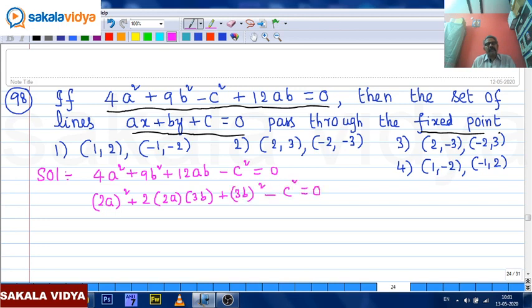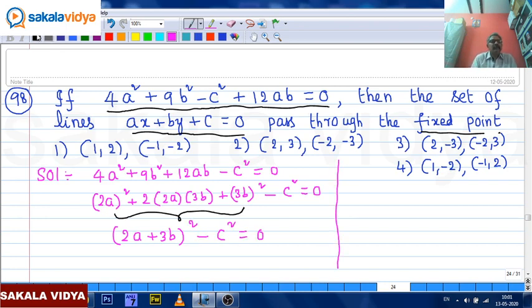is equal to 0. See, if you observe these three terms, these three terms are perfect square. So, we can write 2a plus 3b whole square minus c square is equal to 0. Now, this is in the form of a square minus b square. A plus b into a minus b we can write.